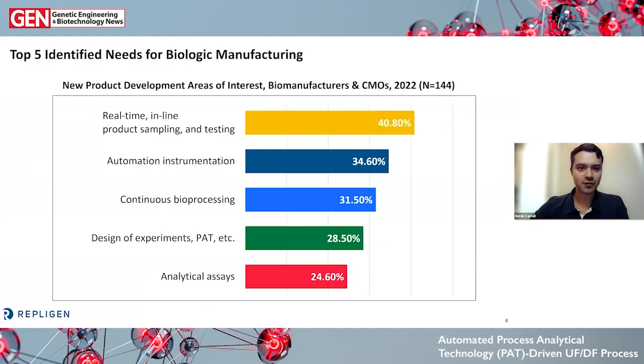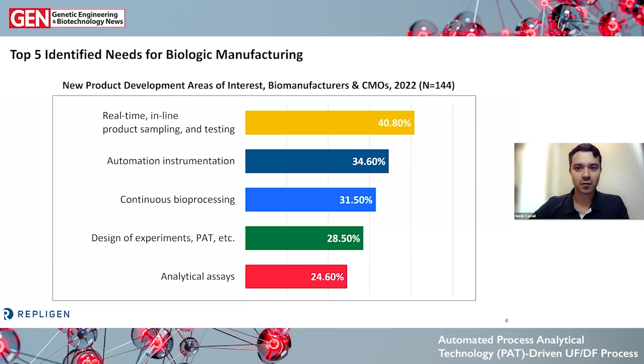And what we'll be discussing today is the unification of those real-time in-process analytics and our scalable filtration and formulation platforms. So when we were looking into the biggest areas of interest for new product development, what we saw was real-time inline product sampling and testing, automation instrumentation, continuous bioprocessing, design of experiments, PAT, analytical assays being the top 5 biggest areas of interest.